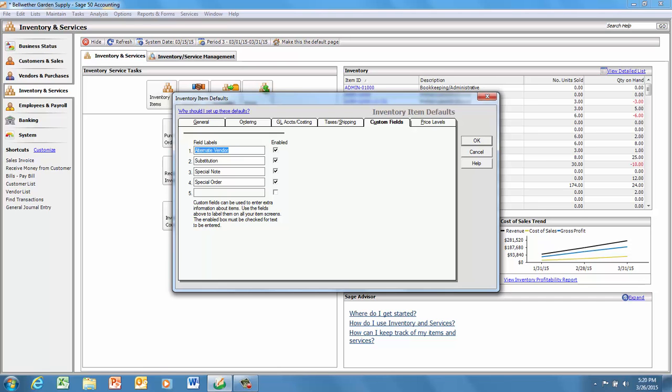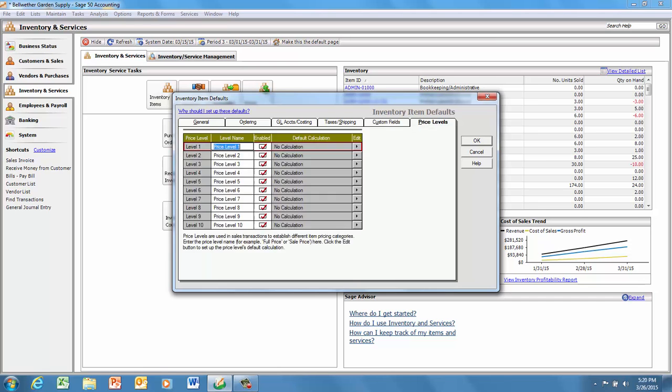You will not need these for your project as well. And here again is price level defaults. And so if you always want price level 2 to be 90% of price level 1, you could do that. And here's where you can set up a default calculation for price levels.